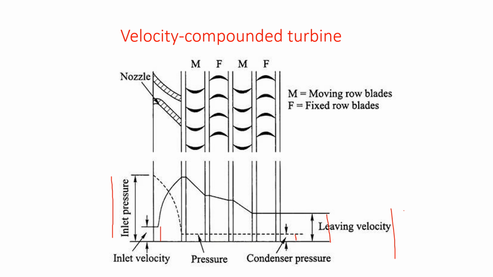From the nozzle exit, the pressure will be the same whether it is moving blade or fixed blade. When it passes over the row of blades, the pressure is maintained constant. This is called constant condenser pressure. This is called velocity compound turbine. The velocity is reduced stage by stage, whereas pressure is maintained at a constant level from the nozzle exit.